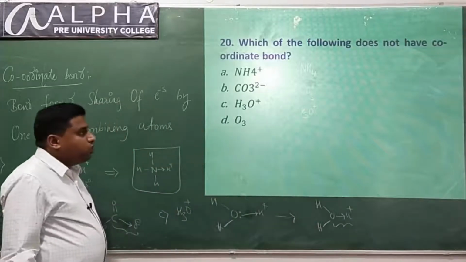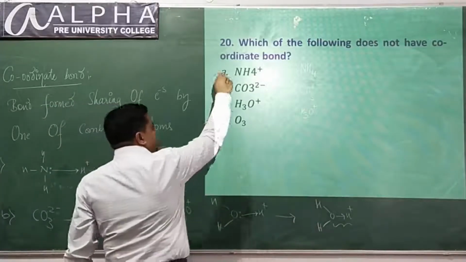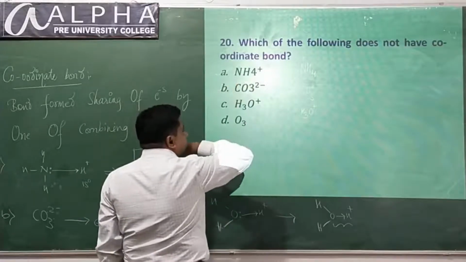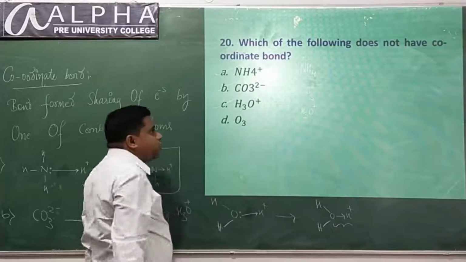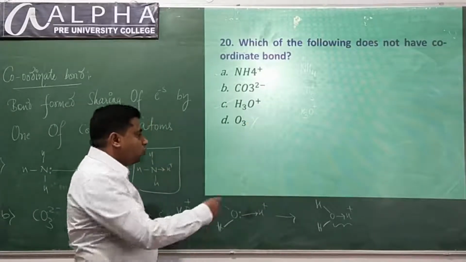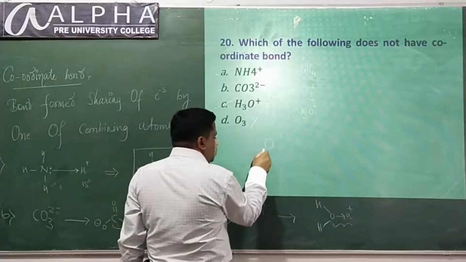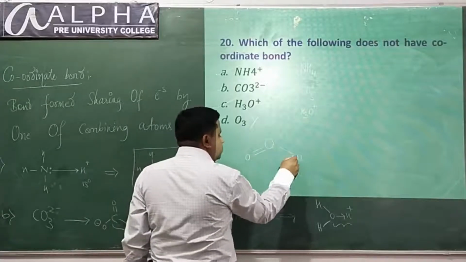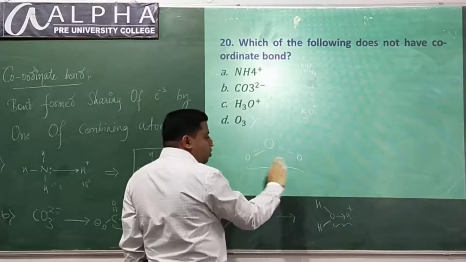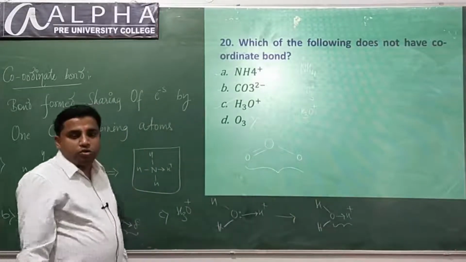That means we can observe coordinate bonds in the ammonium ion, in carbonate, and in the hydronium ion. But we don't have a coordinate bond in ozone. Ozone is just simply like this. All the bonds are covalent bonds.